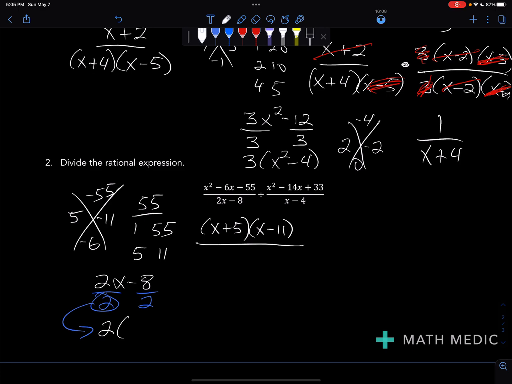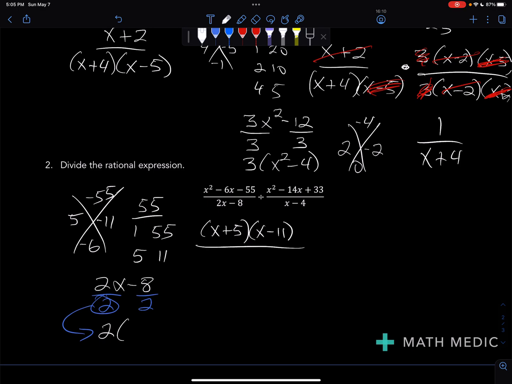The 2 goes in front of the parenthesis. We're left with x minus 4. So this denominator becomes 2 parenthesis x minus 4. Now we're going to multiply. So we copied the first fraction. We have the dot here, and now we're flipping the second fraction.